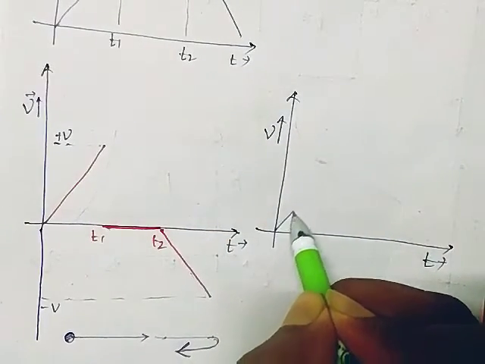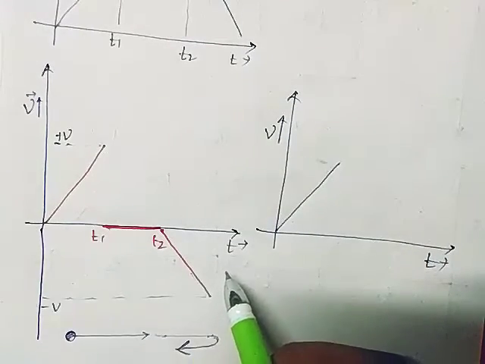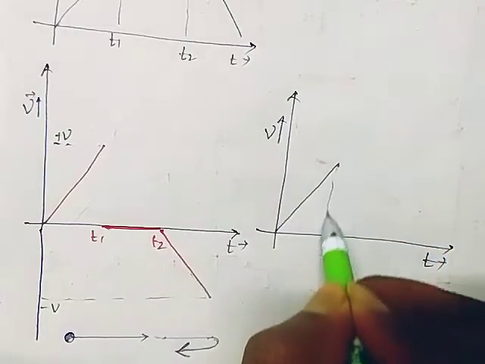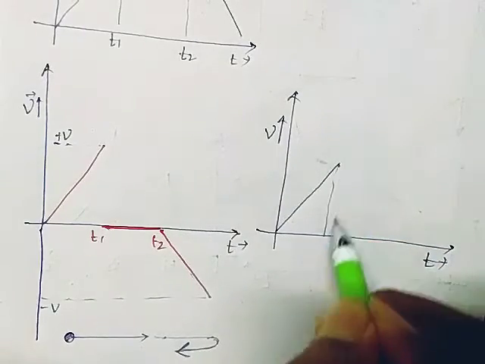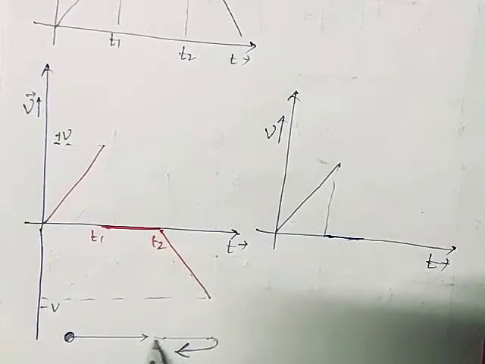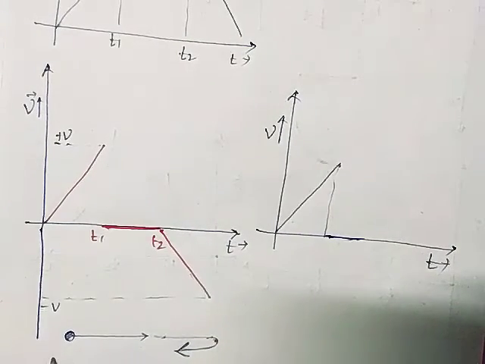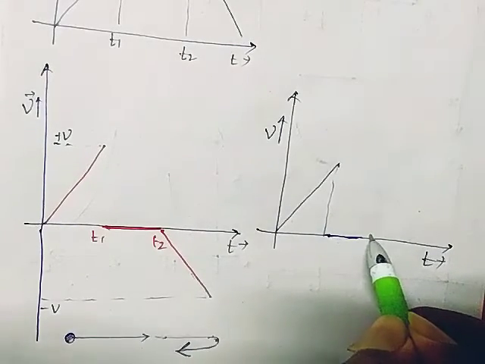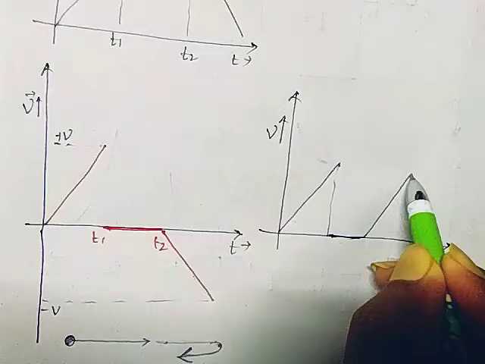Speed is increasing. After that the speed remains constant. After that the speed becomes 0. For a certain time it takes a momentary pause here. After that again the speed is increasing.